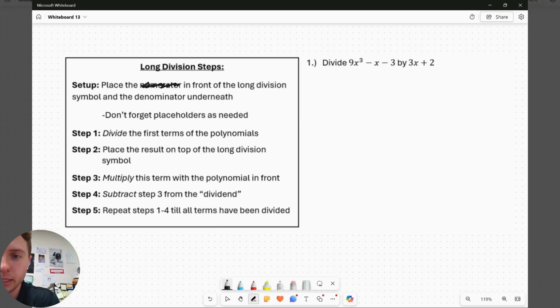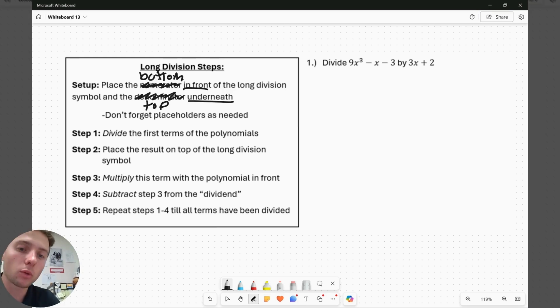This should say place the denominator in front. The denominator is what's on the bottom of your fraction. I'm just going to write bottom because I think that's easier for a lot of people to understand. Place the denominator in front. With that being said, we then place the numerator, the top, underneath. The bottom goes in front, the top goes underneath the long division symbol.